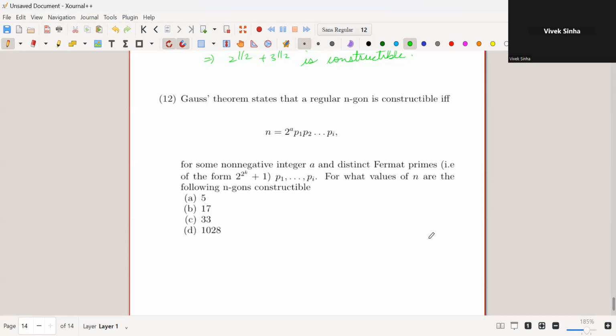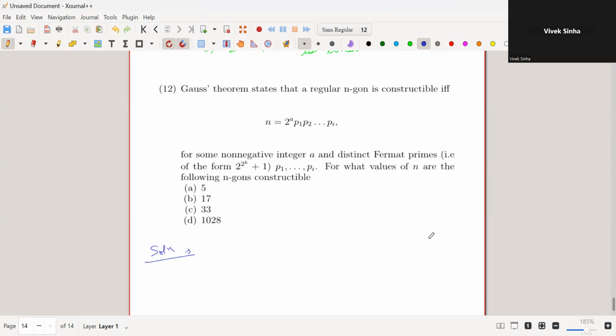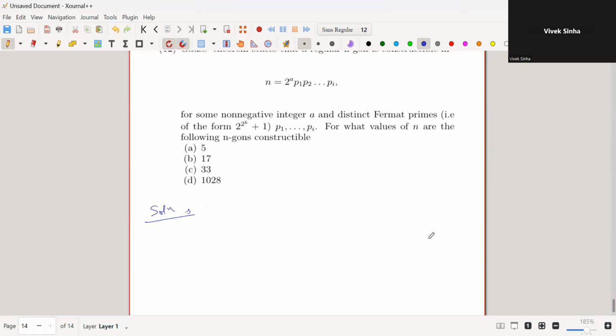So using that, let's see for which of the following values of n the n-gons are constructible. So a is 5, which is 2^2 plus 1. Here, of course, the power of 2 part is not there, but we are not worried about it. It should be of this form.